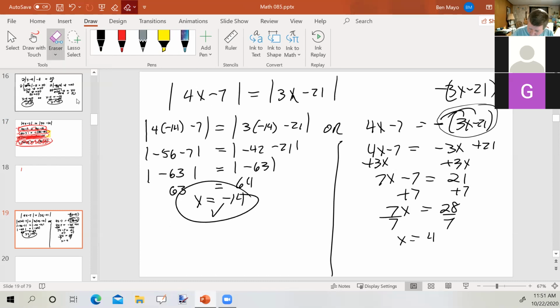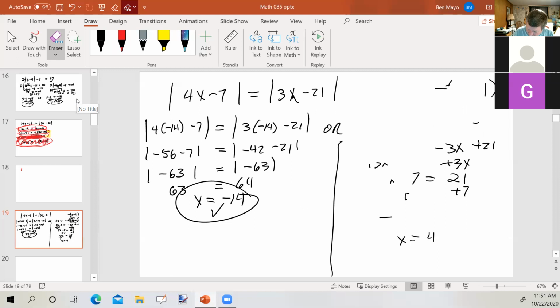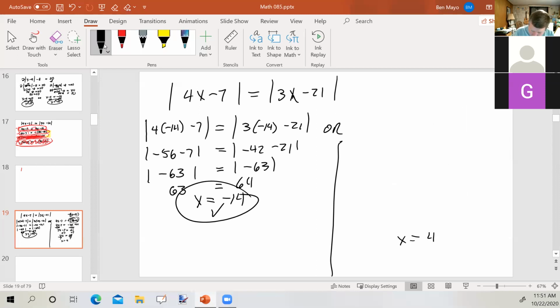Okay. Again, I'm going to erase this information here so that I have room to check my work for x equals positive 4. So if x equals positive 4, we would get the absolute value of 4 times 4 minus 7 equals the absolute value of 3 times 4 minus 21. What's 4 times 4? 16.